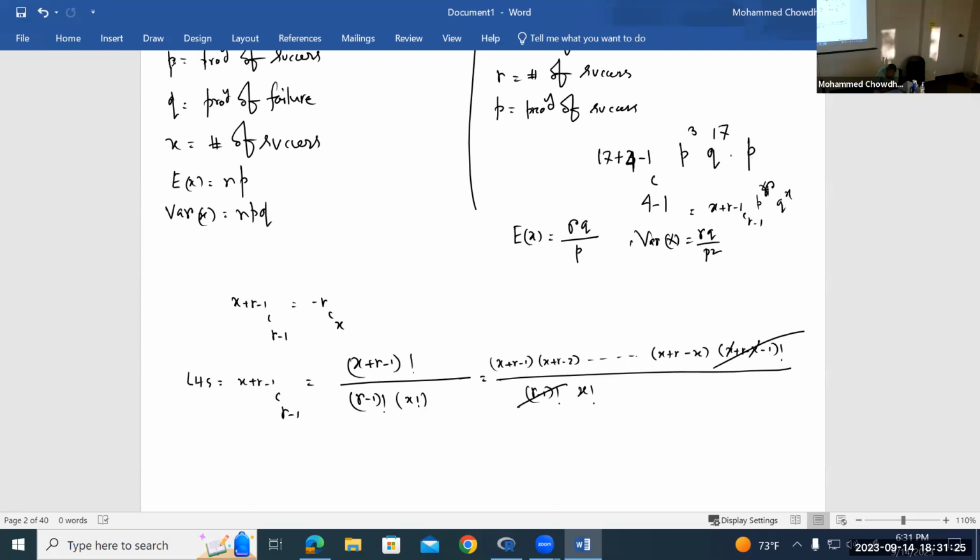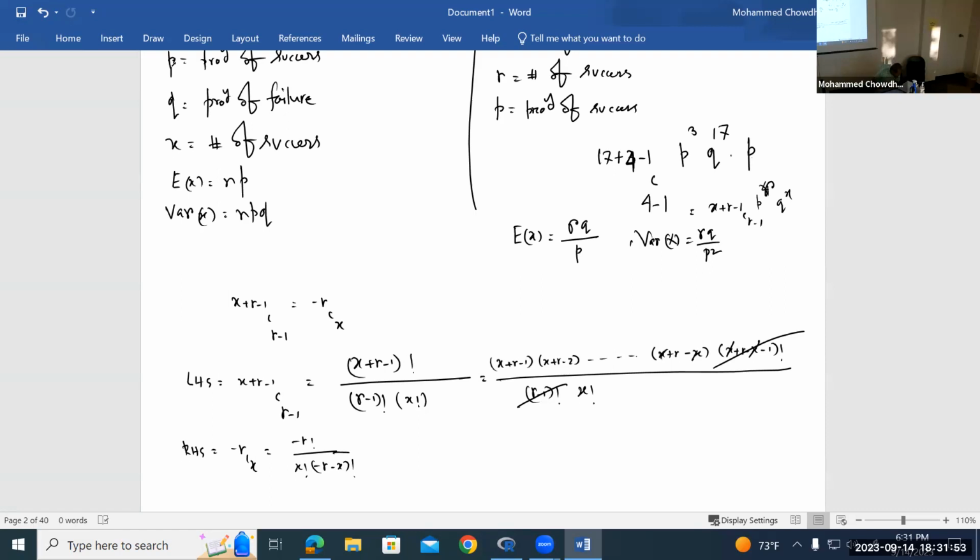So let me show you that the right-hand side is also the same thing. The right-hand side, minus r choose x, could be written as minus r factorial over x factorial times (minus r minus x) factorial. If we cancel this out, it should be just r, right?